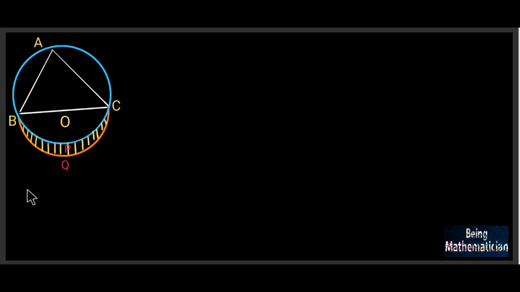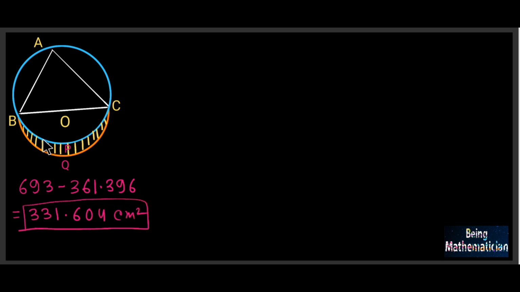Now, so it will be 693 minus 361.396. So it will be 331.604 centimeter square. It is our answer.